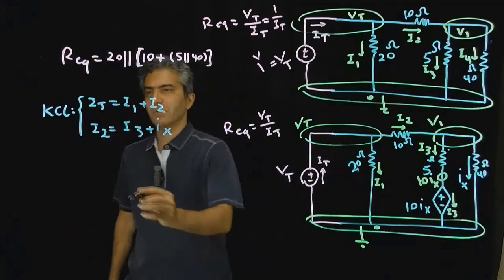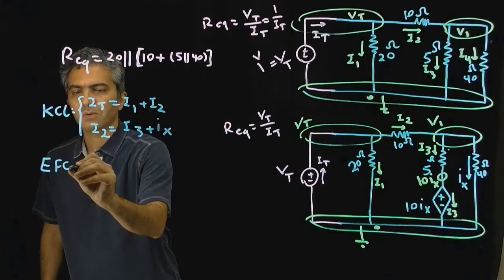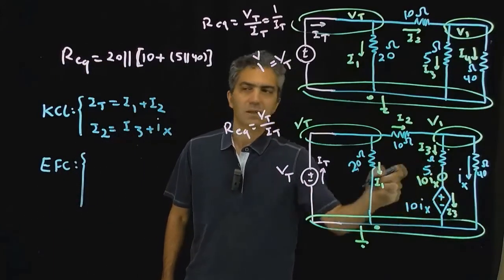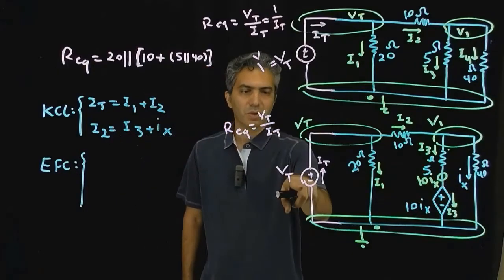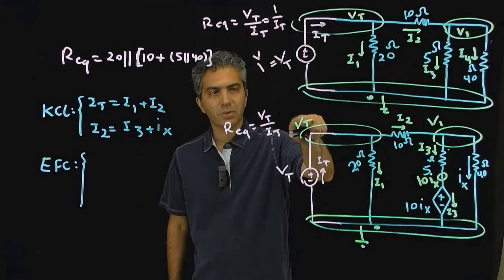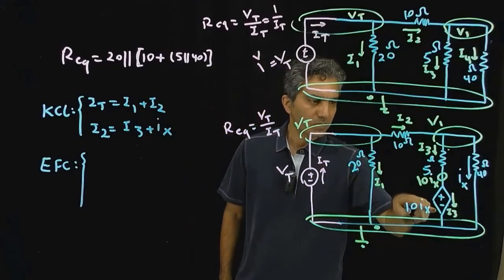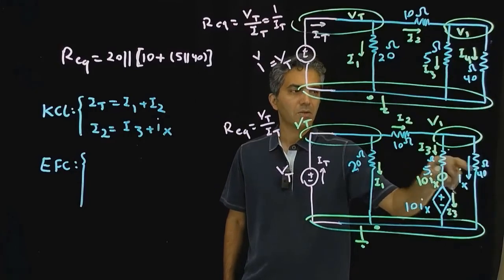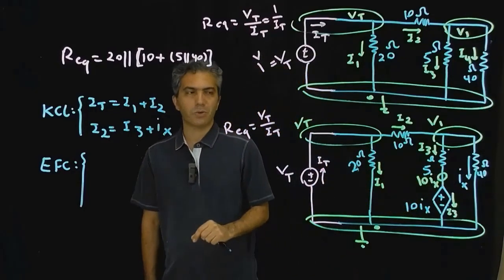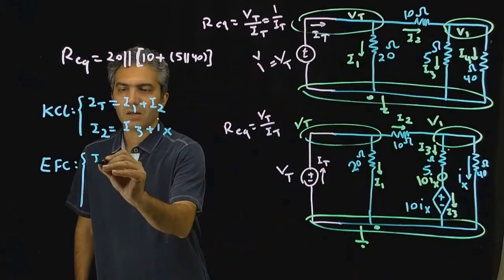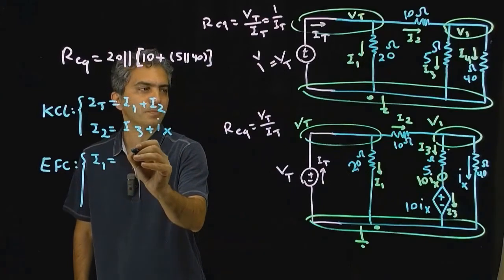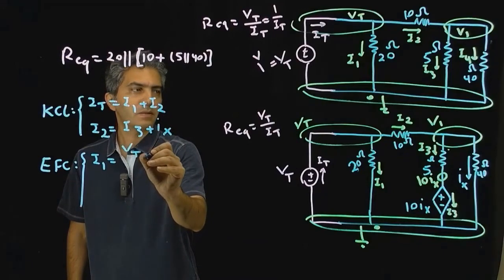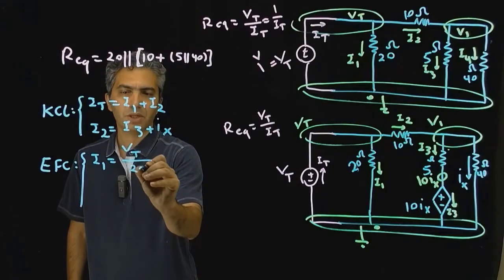Then we write the equations for components. So equations for components. We have a total of 1, 2, 3, 4, 5, 6 components. I already wrote the equation for this component to conclude that that's Vt. I wrote the equation for this component to conclude that that node is 10Ix. So we're only left with 4 components to write equations for. I1 is equal to Vt minus 0 divided by 20.